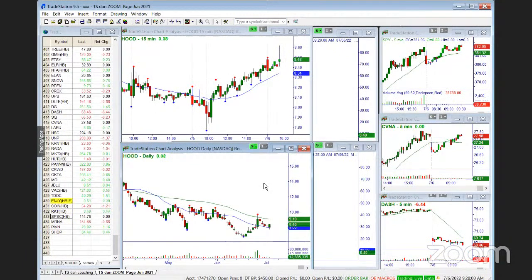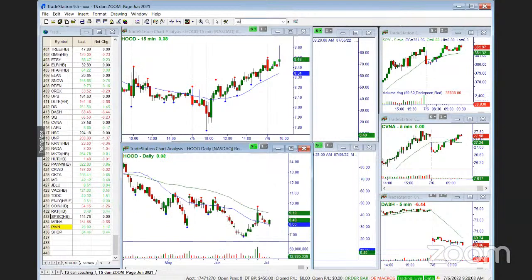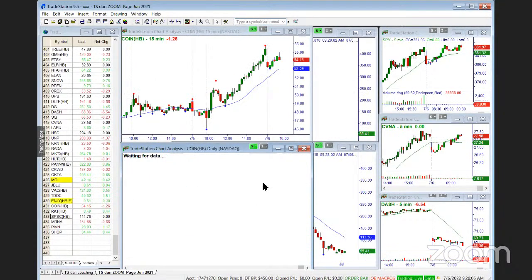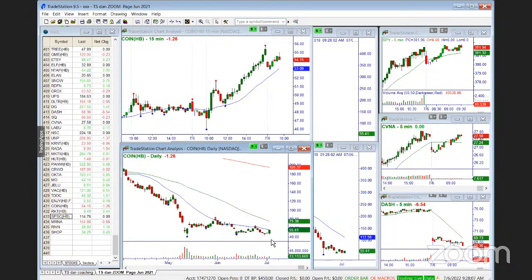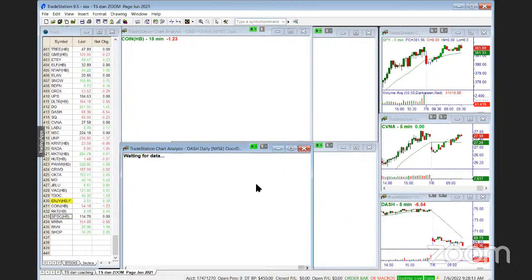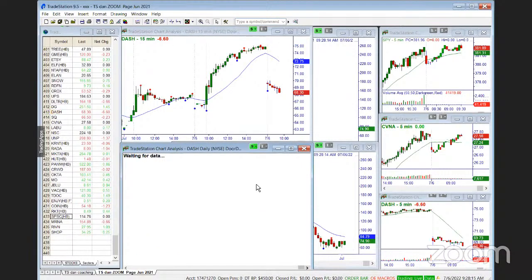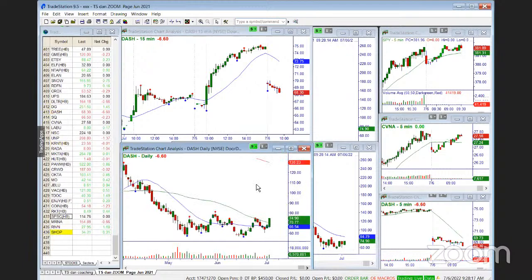Yeah, it's worth watching, Steven. Coin got a downgrade. We'll see if it survives that downgrade. DASH bottom, right. Amazon taking an interest, 2% interest in a food delivery company. So that's hurting DASH. DASH was on my bottoming pattern list.